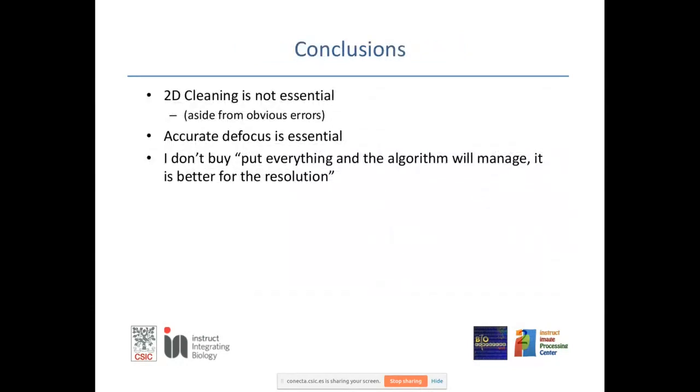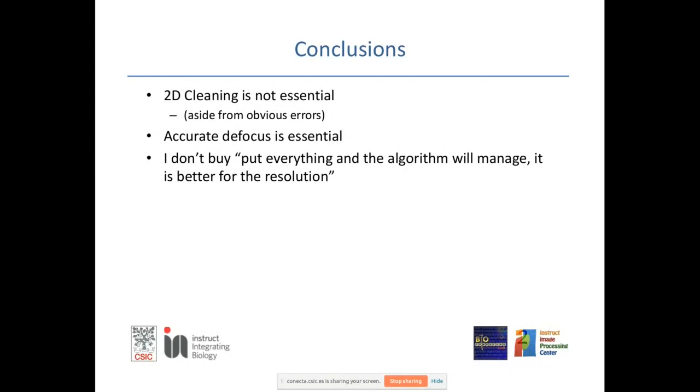So, as a conclusion, 2D cleaning is not essential, in the sense that there might be bad 2D patterns that still don't prevent the 3D reconstruction from being good. The defocus has to be really good, and probably the same happens with the trajectories, but as we don't have so far a way to compare trajectories, I couldn't do this comparison.